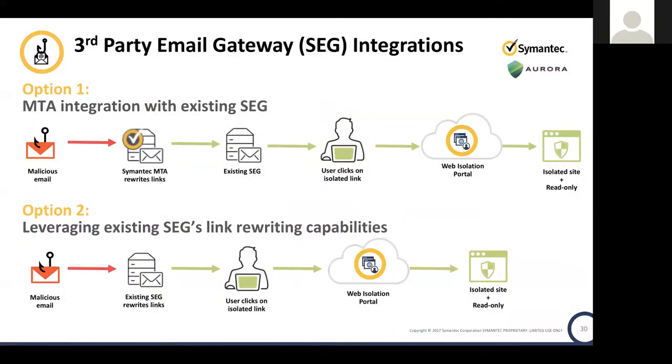It's also important to note here that while, of course, we have great integrations with Symantec products, we play really nicely with other third-party mail gateway integrations. So you could have an existing mail gateway do some of the link rewriting for you, still take action on some of these isolation policies, and still be able to reap the benefits of this technology.